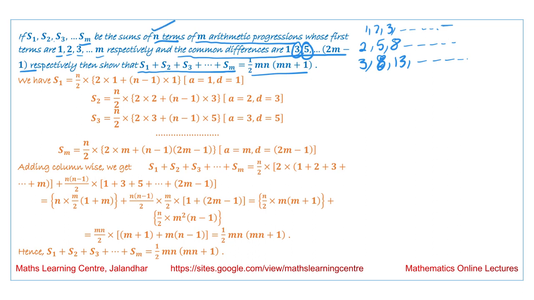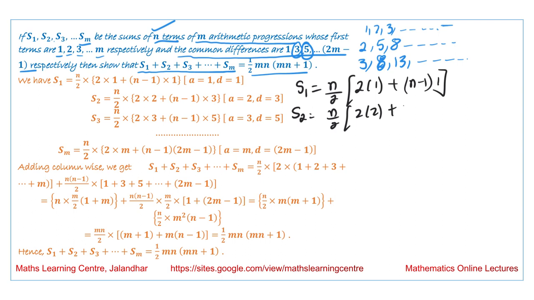So the value of S1 is n by 2 into (2 into 1 plus (n minus 1), where d is 1). S2 is n by 2 into (2 into 2 plus (n minus 1) into 3), since the common difference in the second is 3.